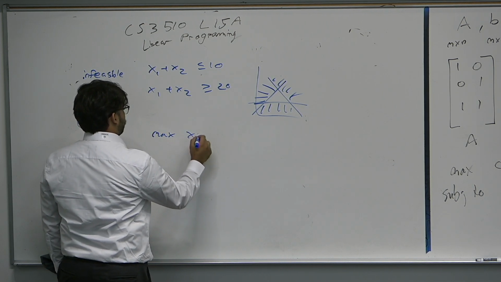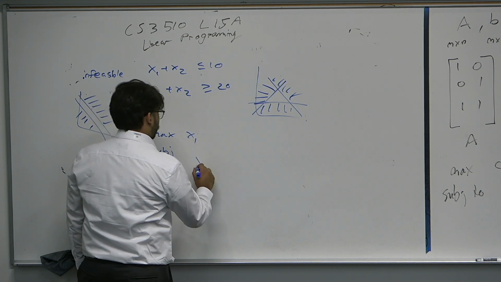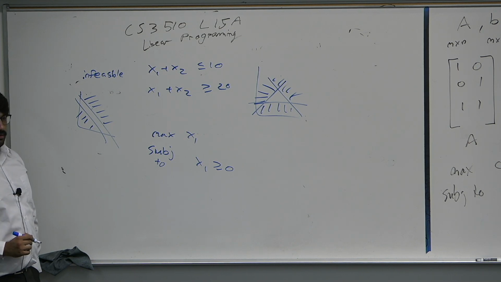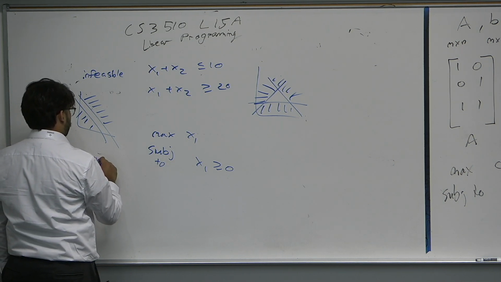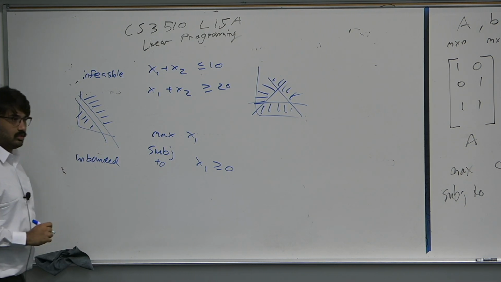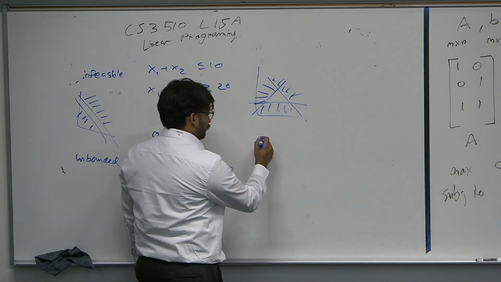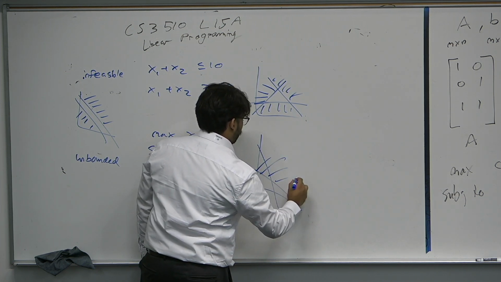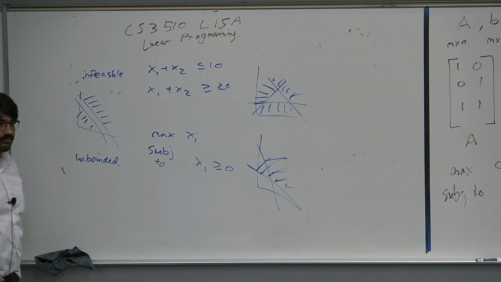So consider max x1 subject to x1 is greater than or equal to 0. There's no solution here. This is called unbounded. If I were to draw a set of equations that satisfy this, you can always choose farther and farther points to maximize whatever your objective function is.